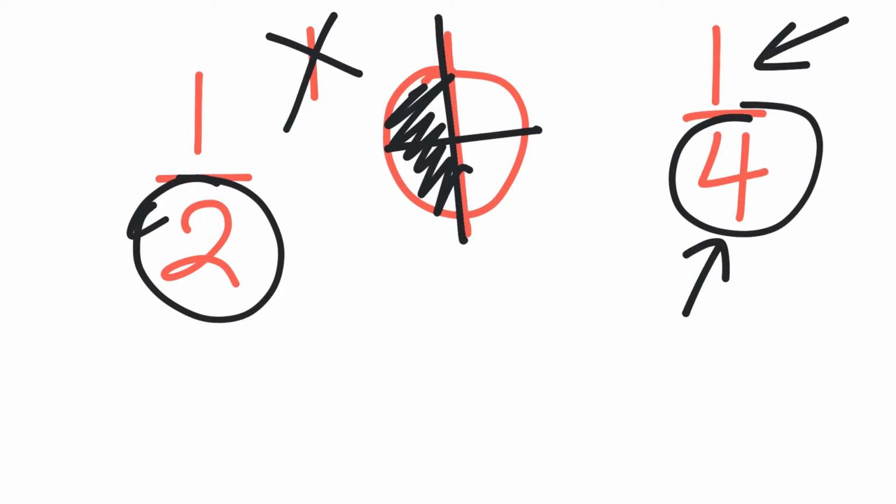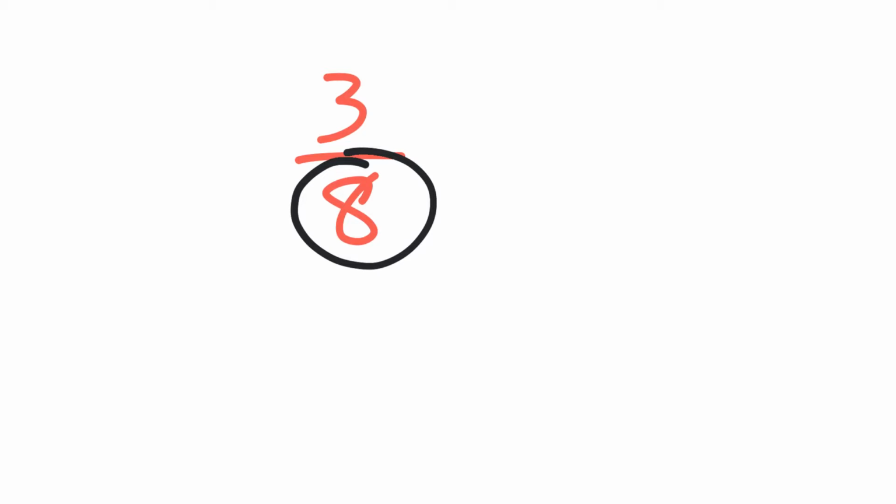Let's say, for example, I had a number like 3/8. If I take the number 3/8, that means that ultimately I have 8 different pieces of whatever it is that I chose to split up, and I happen to have 3 of those pieces.